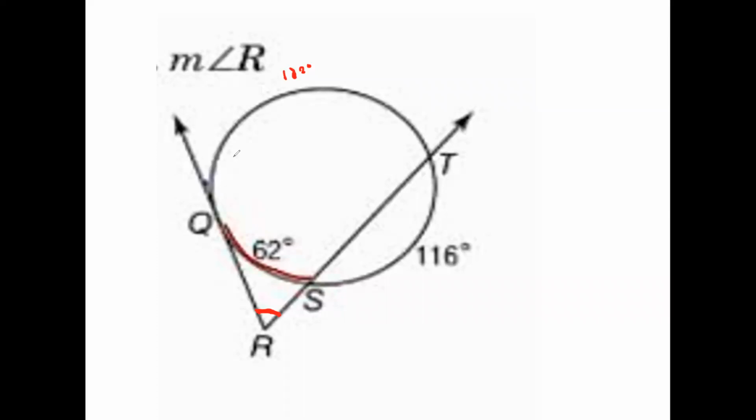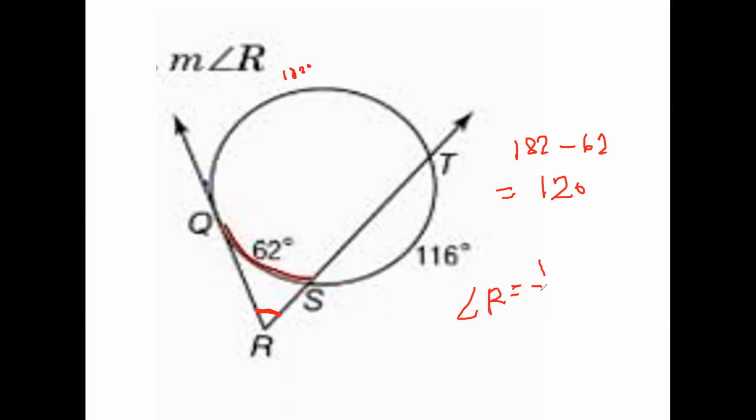Knowing that QT is 182 degrees, pwede na tayo magdiretso to find the angle R. The angle R is simply 182 minus 62. That will equal to 120. And the measurement of angle R is half that difference.